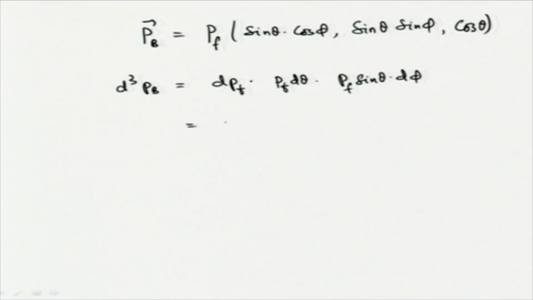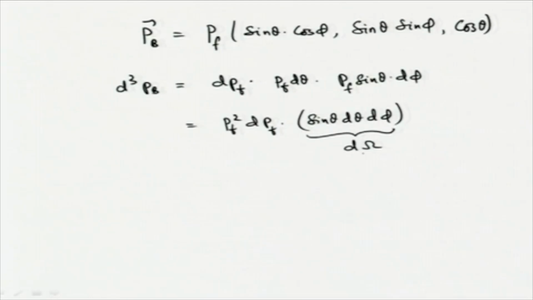Here we have P F square d P F sin theta d theta d phi, and this is what you recognize as the differential solid angle. So, this will give you dq equal to 1 over 4 pi square.